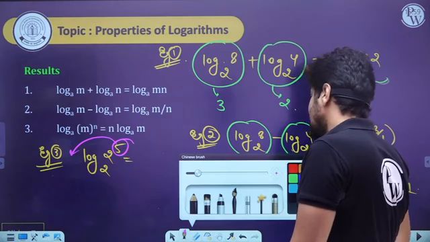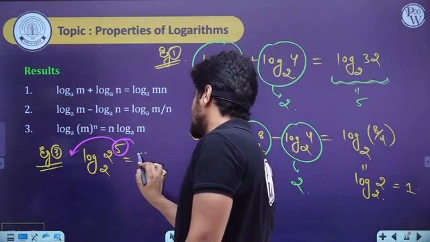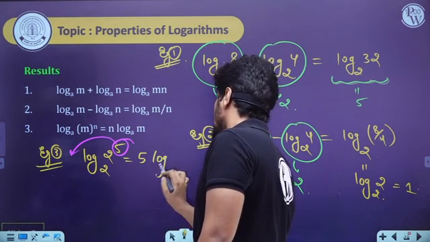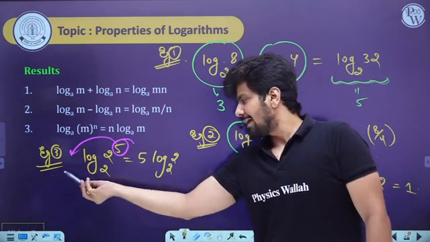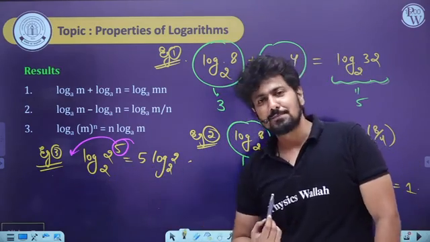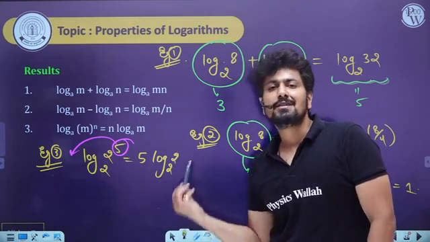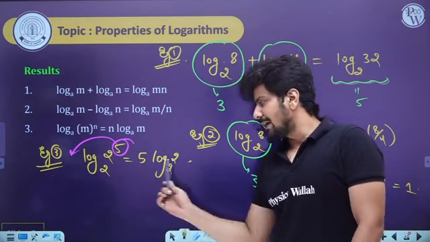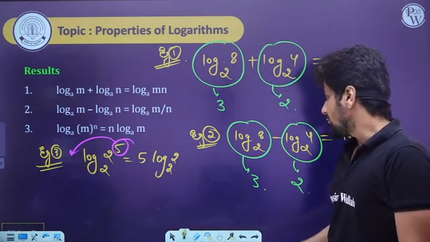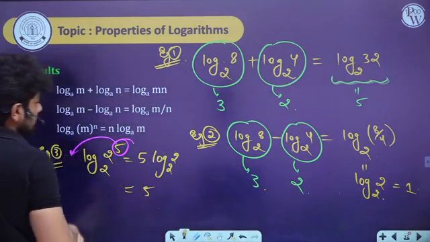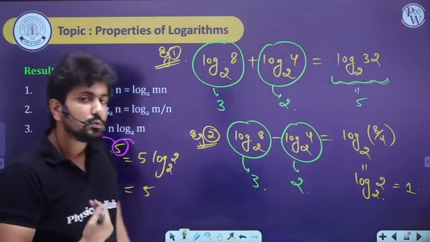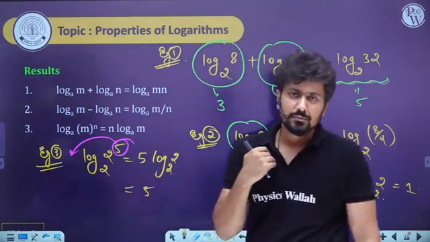You can write this as 5 times log of 2 to the base 2. The value of log of 2 to the base 2 is 1. So 5 times 1 will be equal to 5. So this will be the value for log of 2 raised to the power 5 to the base 2.